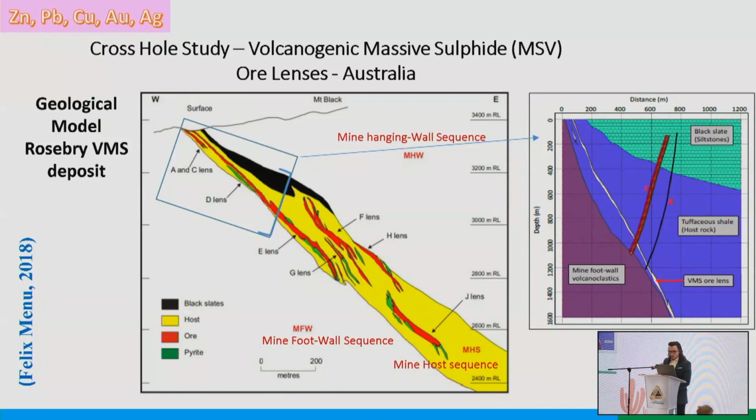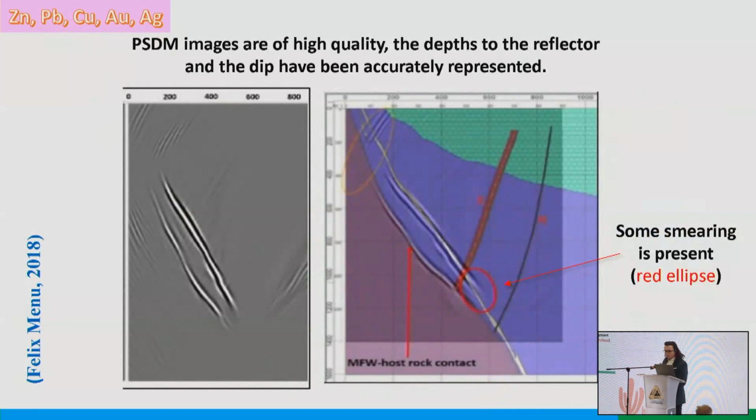Here, with the blue square, the area is chosen for a simplified model, and the cross-hole seismic reflection method was modeled. The depth of the ultramafic basalt interface and the fault are preserved, and the migrated images contour the geology to a high degree of accuracy.